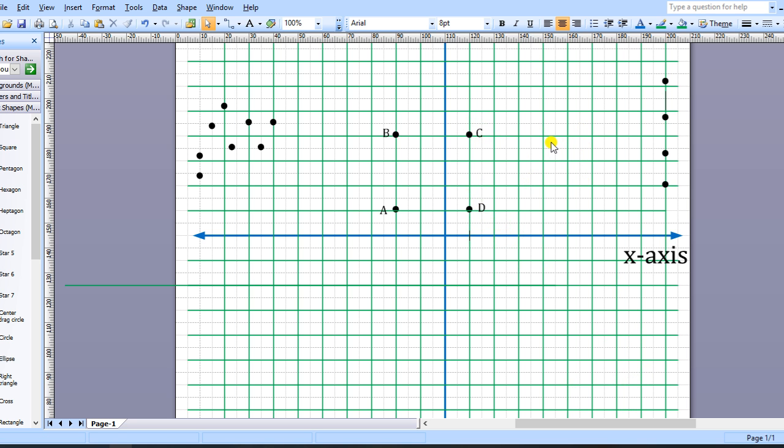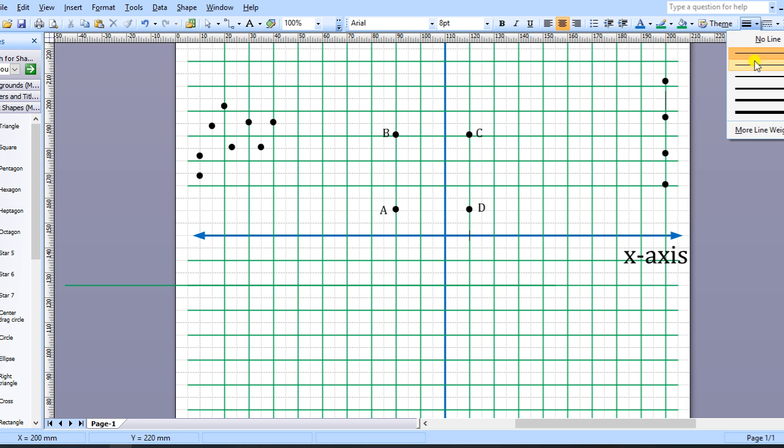So joining, I can try to join point B to C. And also join C to D, join D to A, and probably, let me first try to rectify this. This line seems to be a little bit bent. So let us make it more visible. Okay, so we have that.